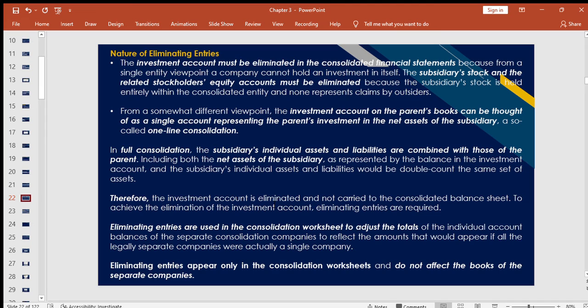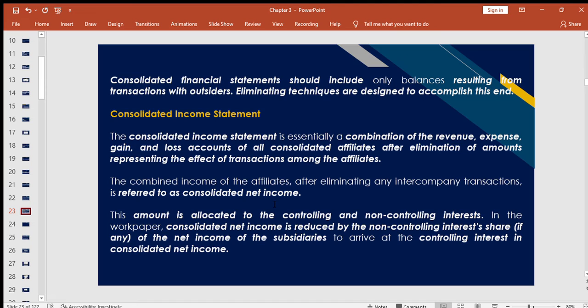Eliminating entries appear only in the consolidation worksheet and do not affect the books of the separate companies. This is just for consolidation purposes. Consolidated financial statements should include only balances resulting from transactions with outsiders. Eliminating techniques are designed to accomplish this.